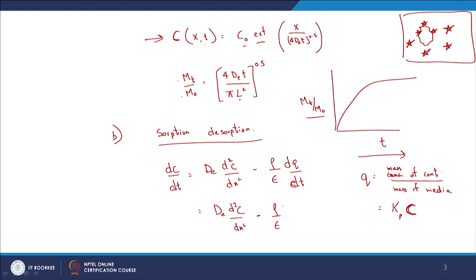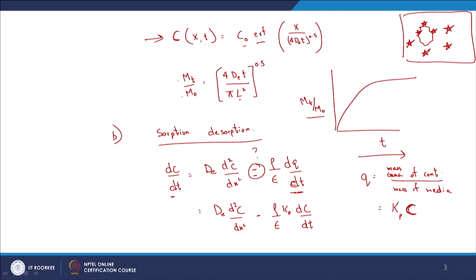So, I can plug this in here, Kp times dC by dt, and why is this negative here? Because what is Q? Q is the mass of the contaminant per mass of that media. Q increasing, what does that mean? If Q increases, C will decrease. What is C? C is the concentration in the water, or in the water in the pore space. Q is the concentration on the solid.